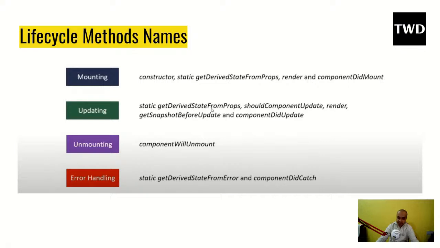Similarly, in updating, get derived state from props is there, and should component update is also there. Render is again there, but the constructor and component did mount are not there. Two other lifecycle methods are there: get snapshot before update and component did update. In unmounting, there is only component will unmount. In error handling, there are get derived state from error and component did catch.